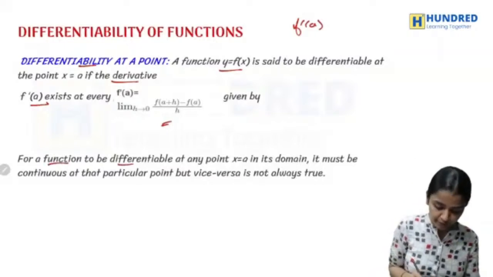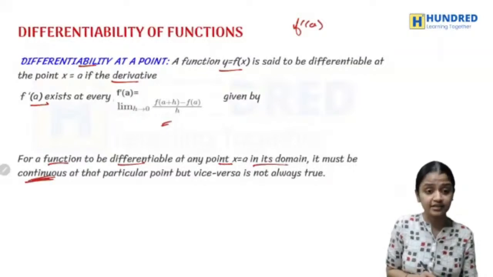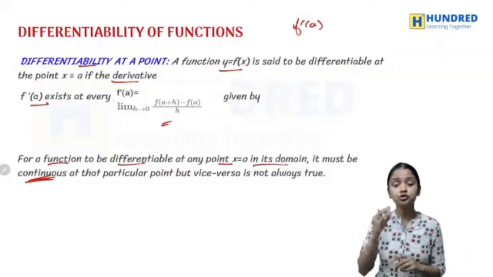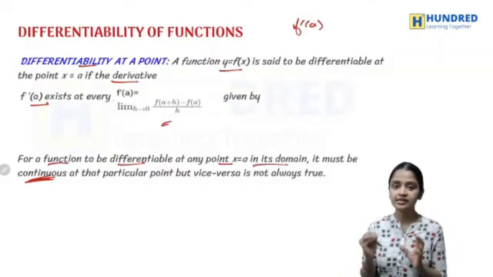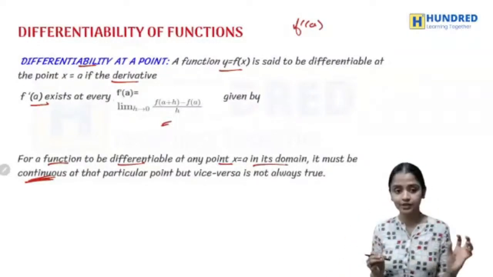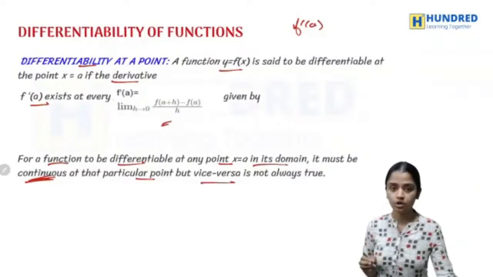For a function to be differentiable at a point in its domain, it must be continuous. As I already told you, it is mandatory that it should be continuous at that point. But vice versa is not always true.